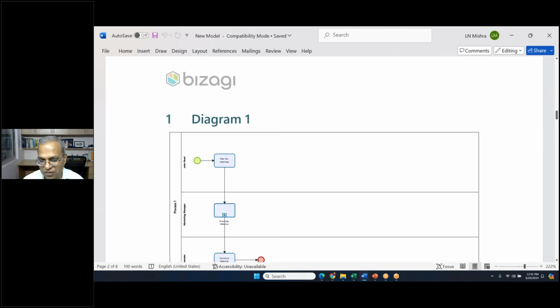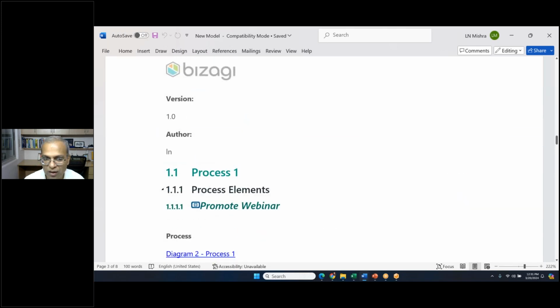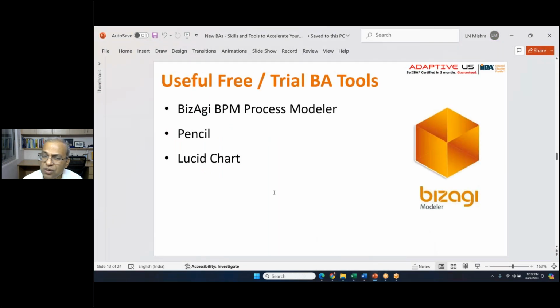And you can add extra information about the model, whatever you want to do. Done. Okay. So you can do it on the fly when you are discussing with your stakeholders. So this is one tool which is not so well known in the market. I would not say it's very popular, but it's very powerful, very useful.